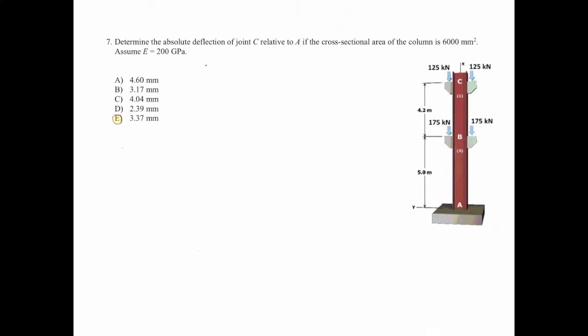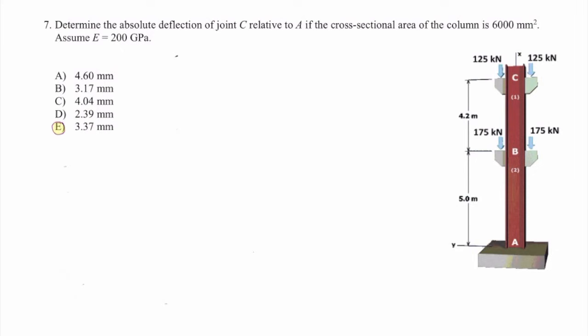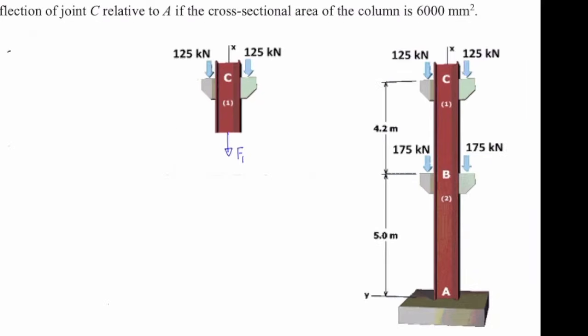Okay? So to determine deformation, we need to know length, force, modulus of elasticity, and area. These are all provided but force. So I need to determine internal force. Use free body diagram. Okay? Let's talk about element number 1. I'm gonna cut element number 1 somewhere between B and C. This will be the free body, and write down the sum of the forces in the y direction.